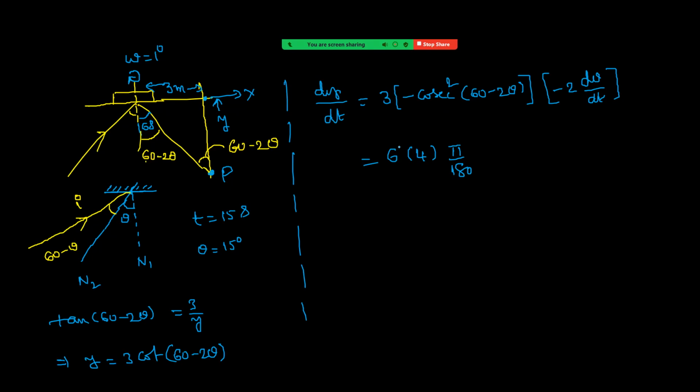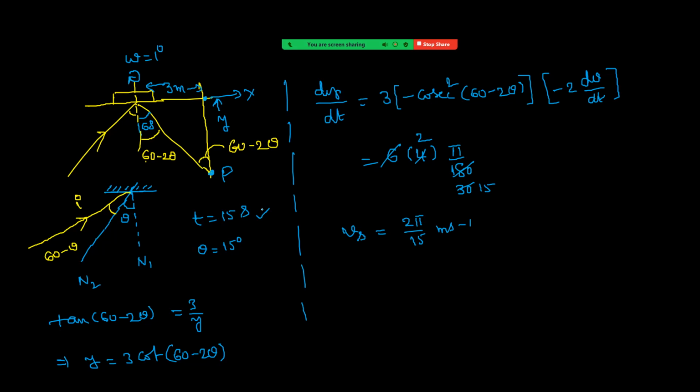Then see what we get here. 6 here, 30 times, and 4 here, 2 times, here 15 times. It is now 2 pi upon 15 meter per second. That is the velocity of the spot when t equals 15 seconds, right?